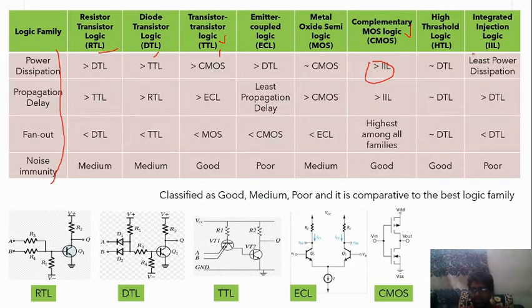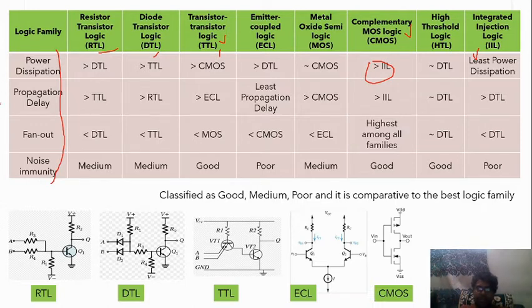What we have done here is, the integrated injection logic has the least power dissipation, and then the CMOS has higher power dissipation than this, and if you come here, the TTL has higher than that. So we have arranged this in ascending order of power dissipated within the family.